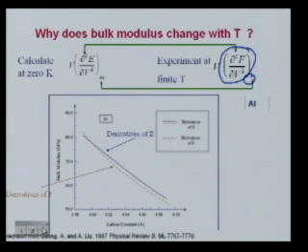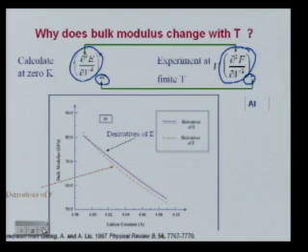So what do you do when you do the bulk modulus at 0 temperature? Well, the energy is equal to the free energy at 0 temperature. So first of all, you take the second derivative of the energy, not of the free energy. And you don't take it at the finite temperature lattice parameter.